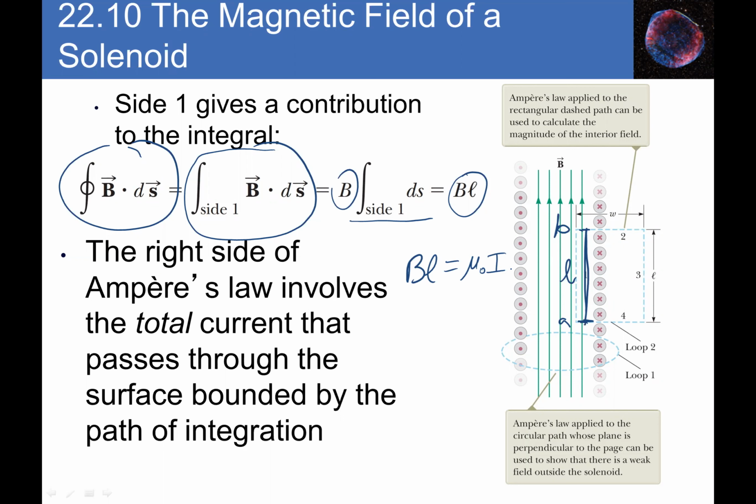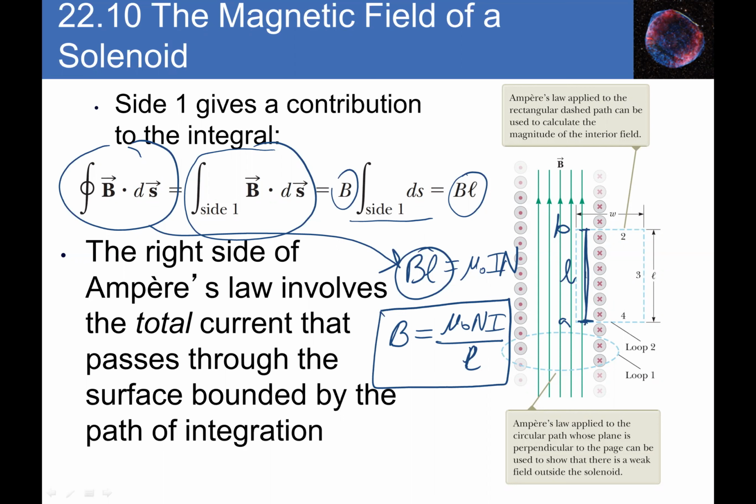So we end up with B times L on the left and mu naught times I on the right. If there are multiple turns, you can put N there as well. That means the magnetic field equals mu naught times N times the current, divided by this length. And that's the equation for the magnetic field inside the solenoid.